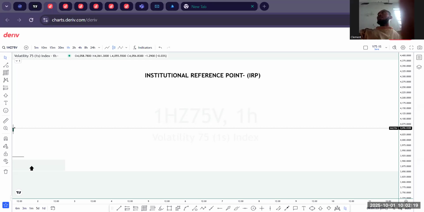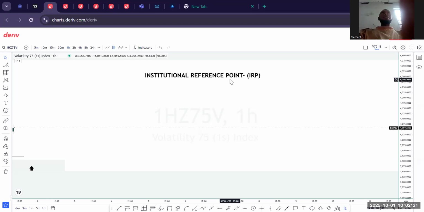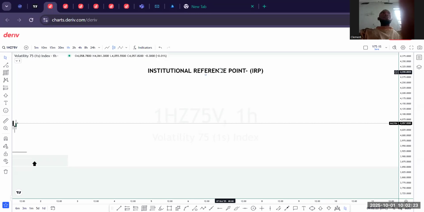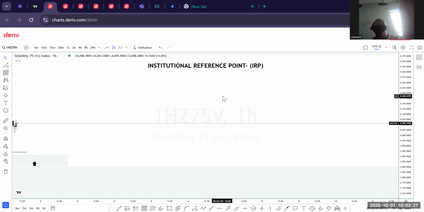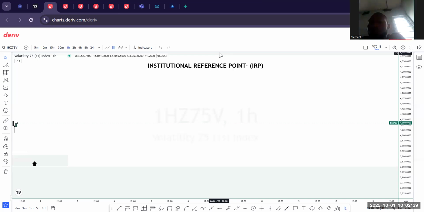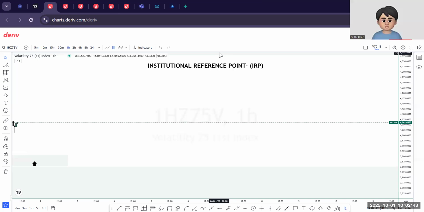To me, I think it's where the big players always take liquidity from before moving price on their way. Am I correct? Let me just give you 40 over 100.